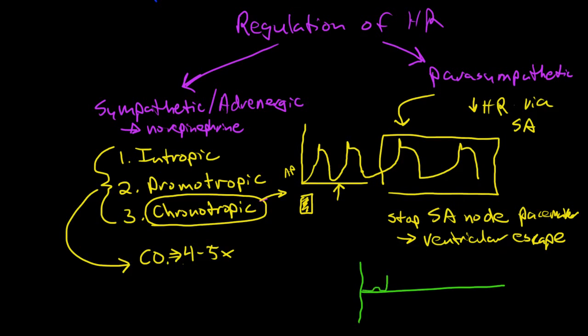We get a normal heartbeat, and then you'll end up with a 20-second pause, and then you'll end up with a very slow rhythm until the parasympathetic system stops its activity and restores normal heart rate.